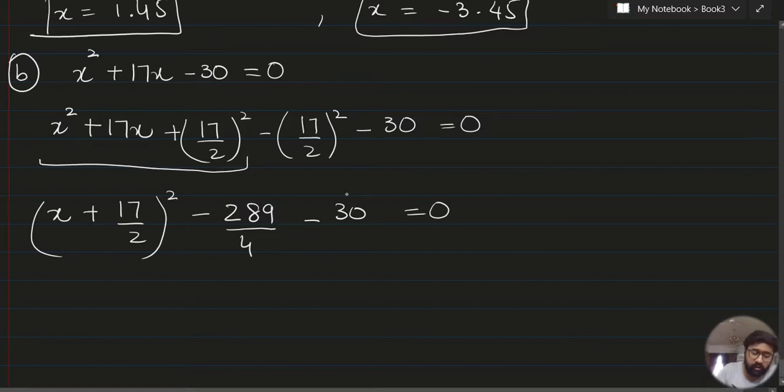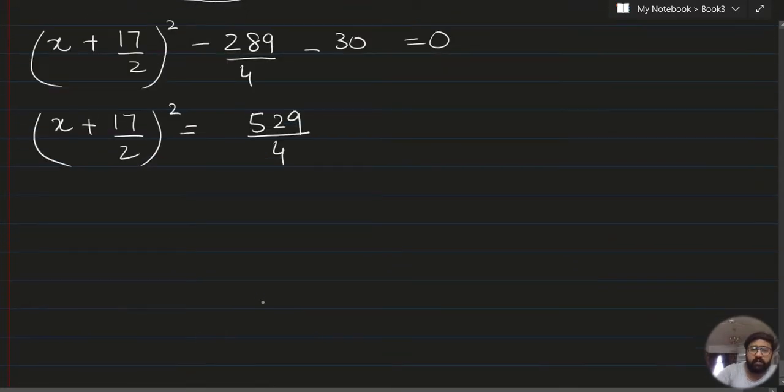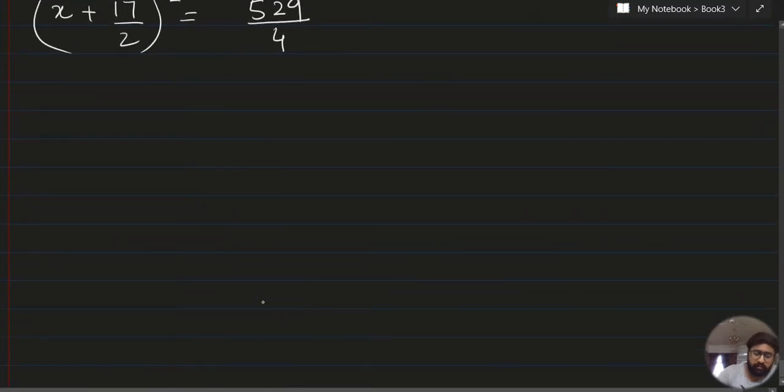So we are going to have x plus 17 over 2 whole square is equal to, we are going to add these two, we are going to take it to the other side. It is going to become 529 by 4. Again, square root on both sides.